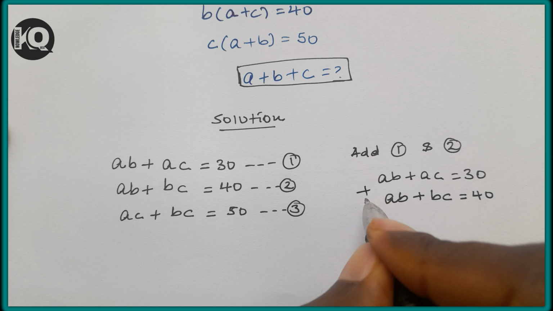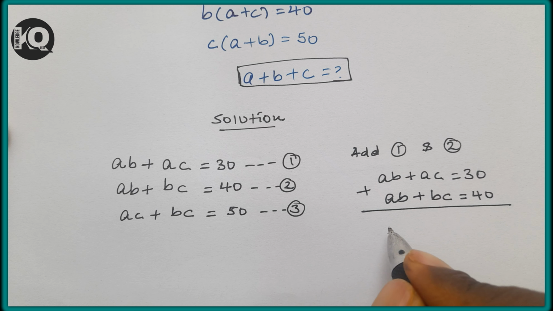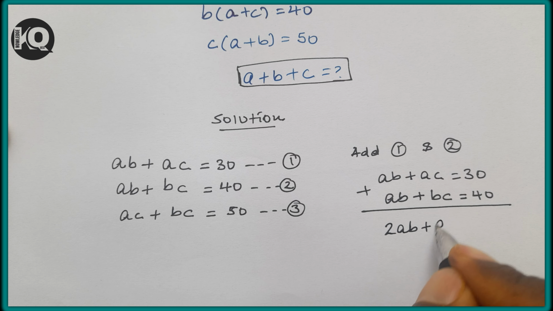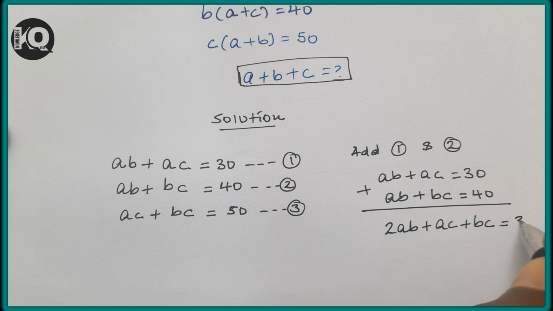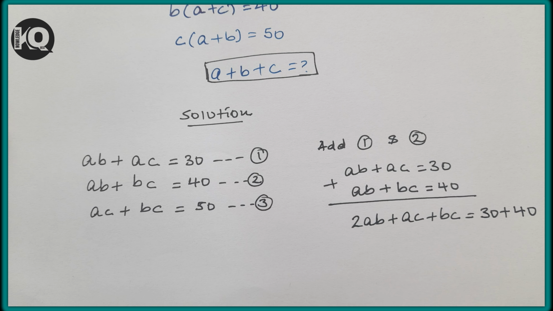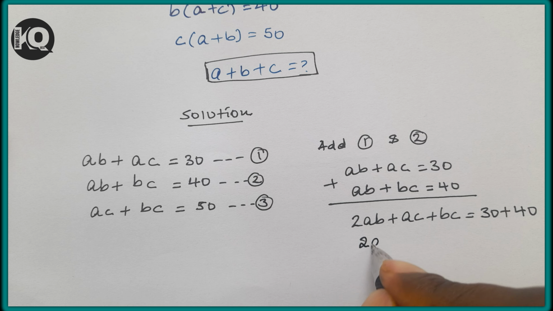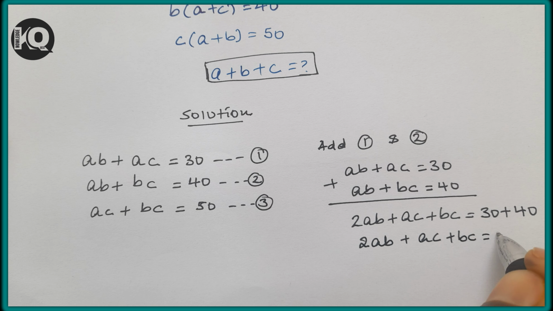So it will be 2 times ab plus ac plus bc, which is equal to 30 plus 40, which is 70.